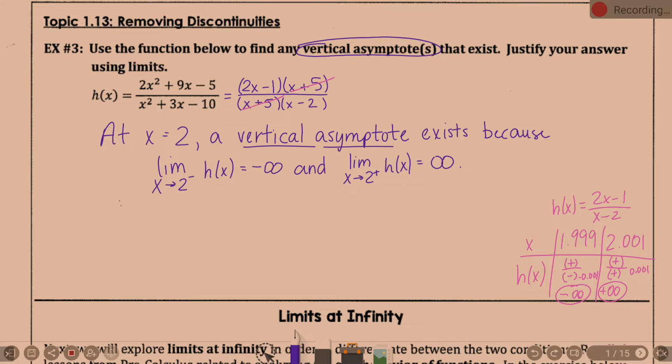Doug? So if we ever have a situation where the limit from the left and the limit from the right both equal positive infinity, or they both equal negative infinity, could you just write that the limit as x approaches 2 equals infinity, and that would be the justification for that method?